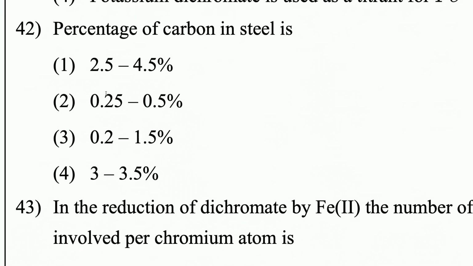The third option is the right answer, because steel is an example of an interstitial compound, iron which contains carbon. A carbon percentage of 0.2 to 1.5% is said to be steel. So option 3 is the right answer for question number 42.